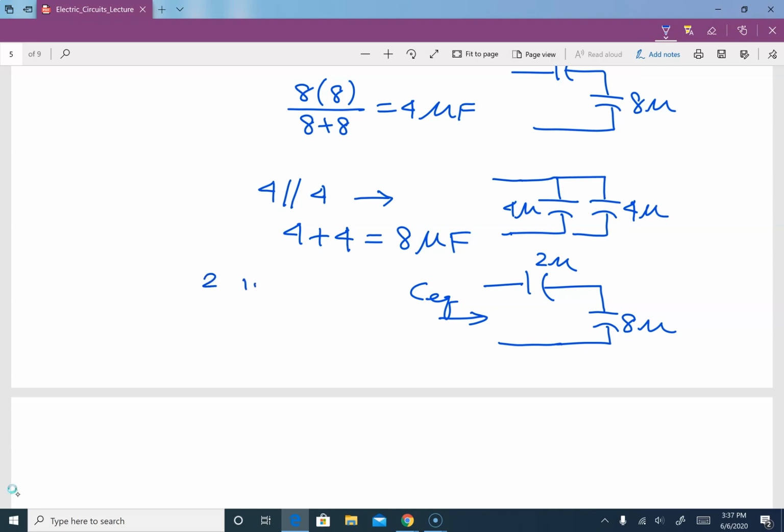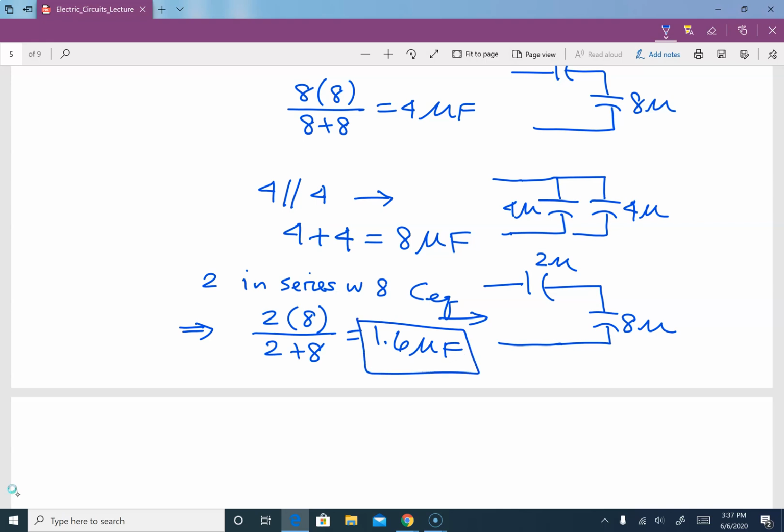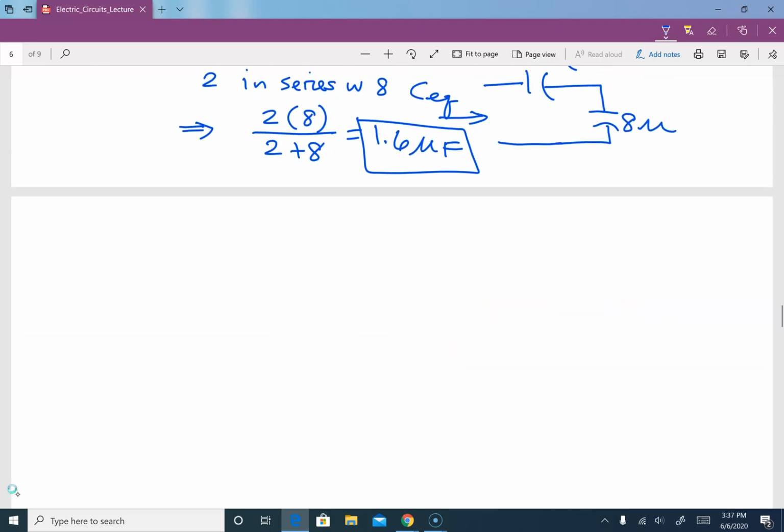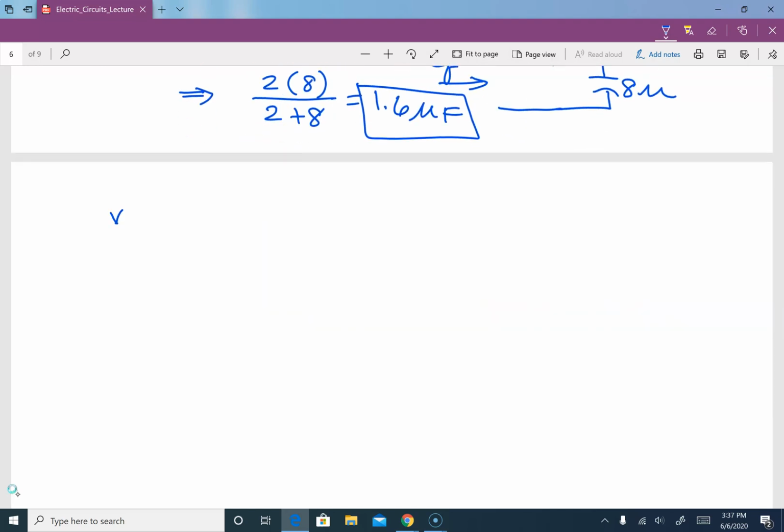So 2 in series with 8 will give us 2 times 8 over 2 plus 8, which is equal to 1.6 micro. And this is our equivalent capacitance.